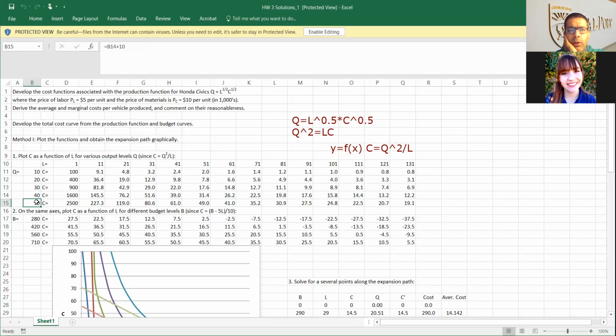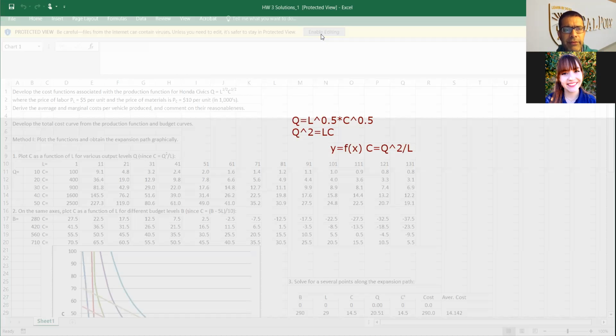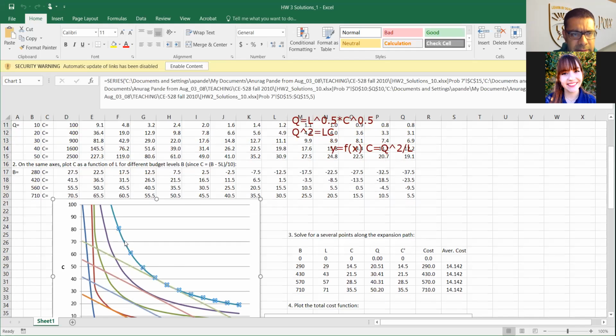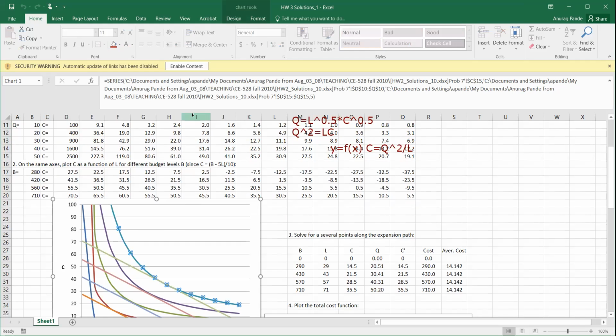Okay. Now, then I basically plot these series, C and L. So if you look at any of these series that I'm plotting here, look at the definition of any of these isoquants. It's a weird sort of thing, but you have to look at D15 to Q15.